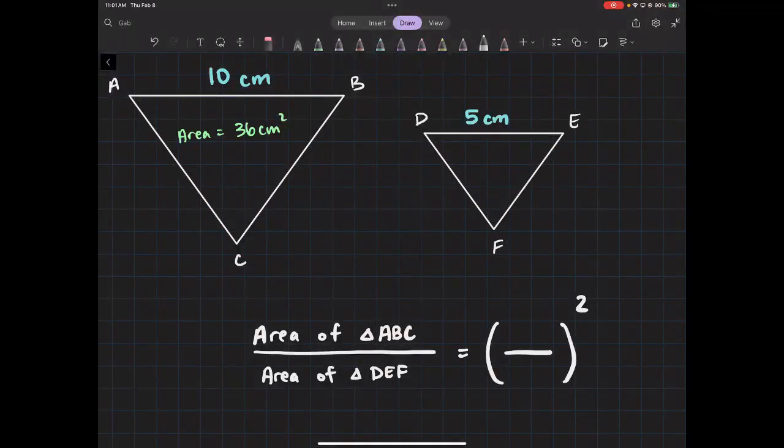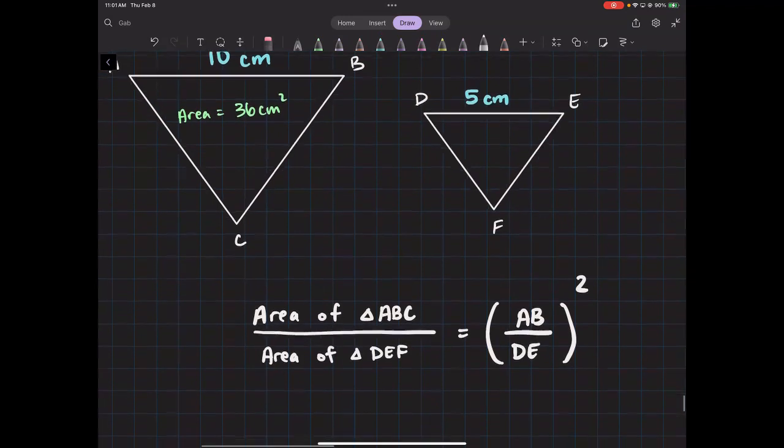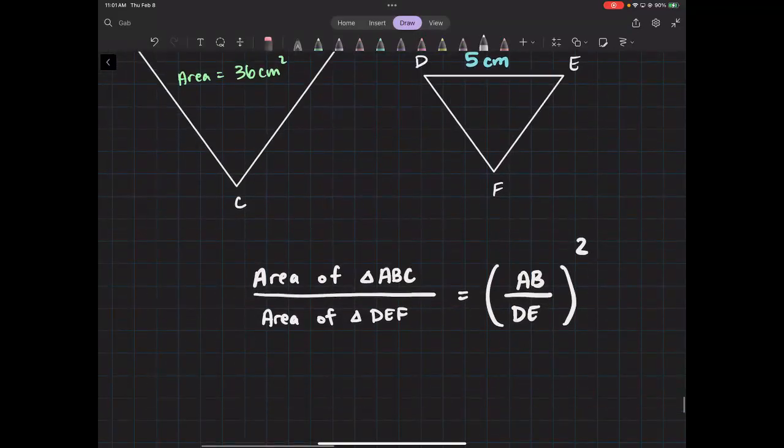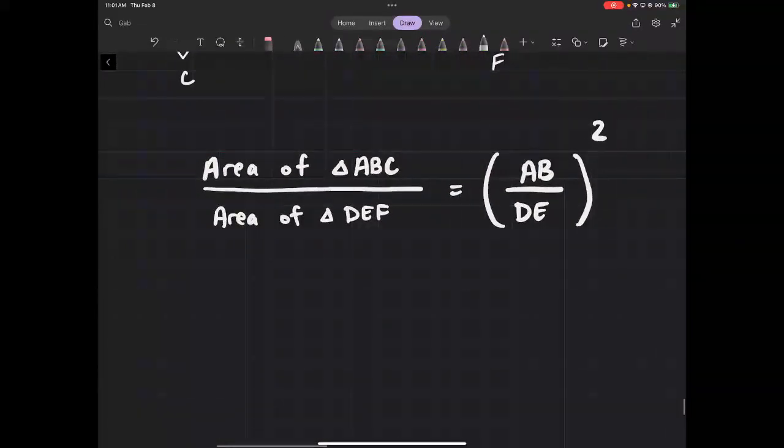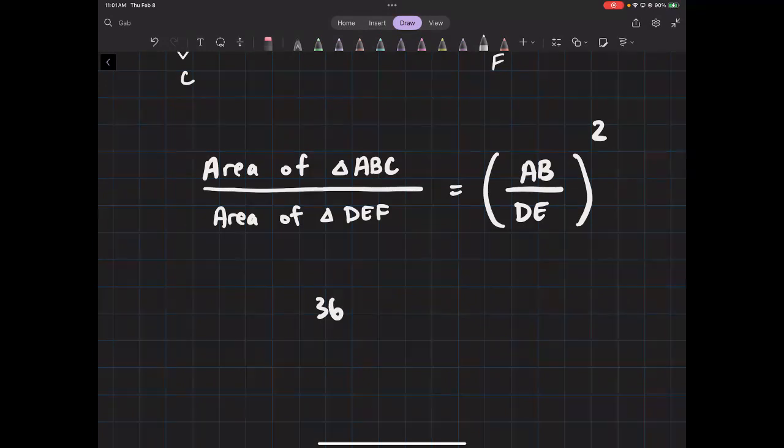Since I put area of ABC on top on the left side, I need to put AB on top on the right side, and then DE at the bottom. Once you have this all set up, you just plug in and go. Area of ABC is 36, right?